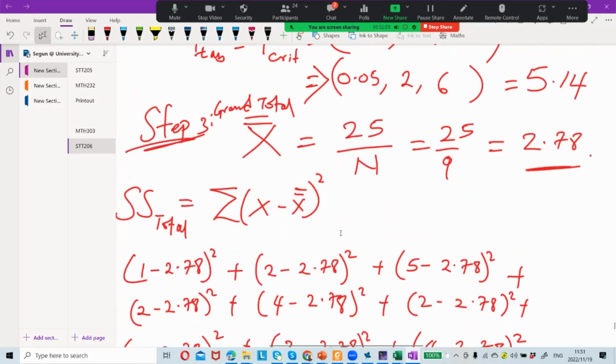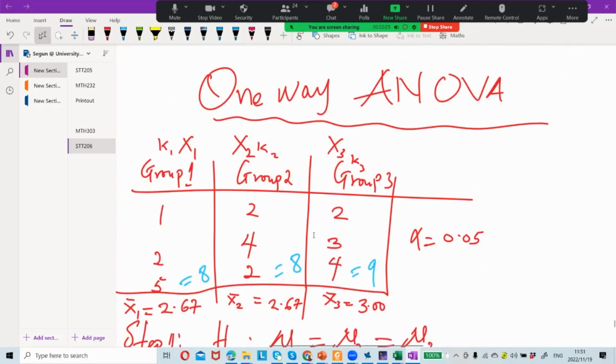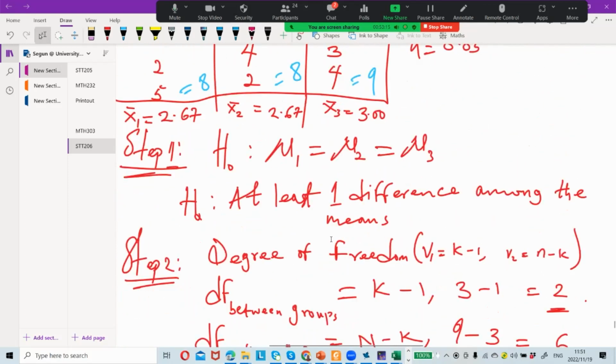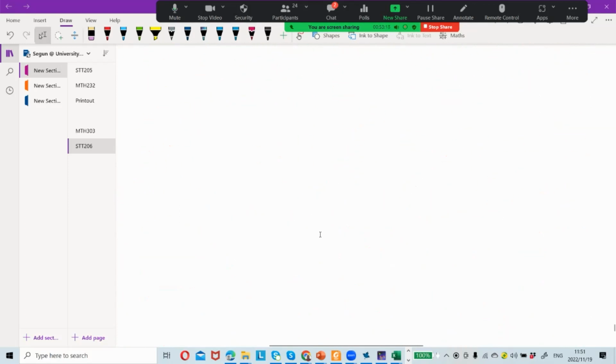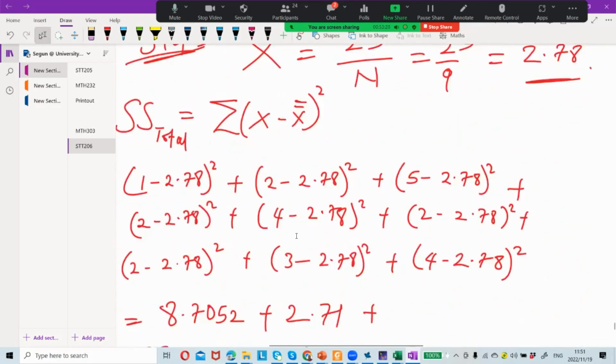And we know sum of square total is by x minus the entire x, which is this. The entire x is each of this one. 1, 2, 3, 4, 5, 6, 7, 8, 9. The entire x is 9. So that is what we did.